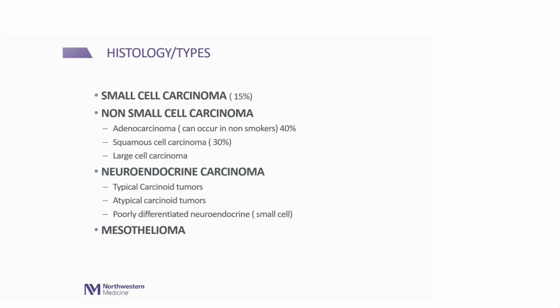Mesothelioma is another type of lung cancer, not quite the substance or the tissue of the lung, but the lining of the lung. So this is also a subset. This is more common where you see those advertisements where asbestos exposure is linked to that. I should have probably put that in my other slide as one of the risk factors for a particular type of lung cancer. But in general, these are all the types that we come across.